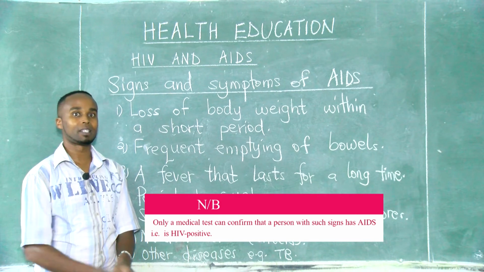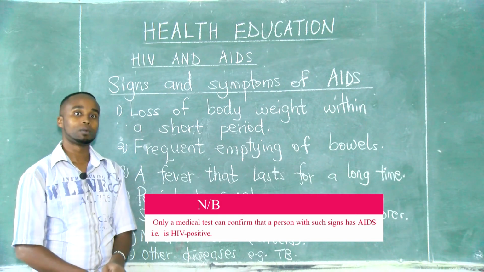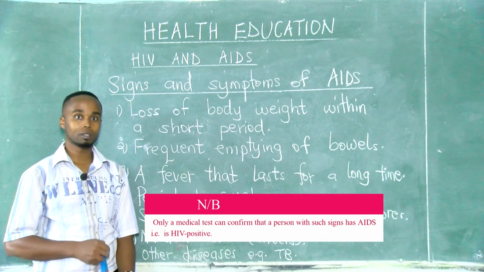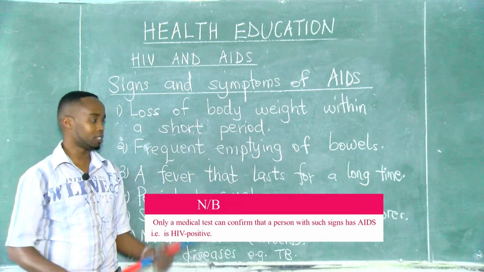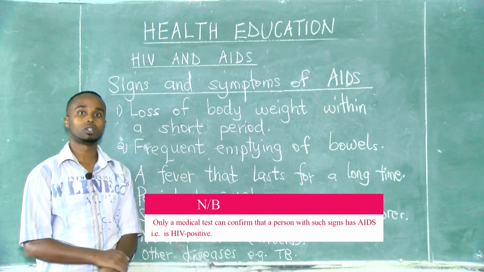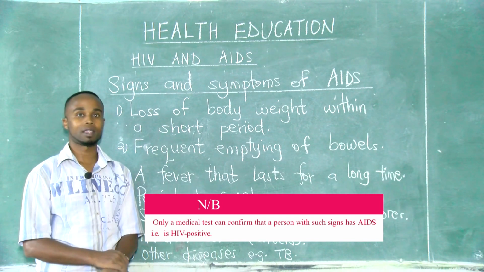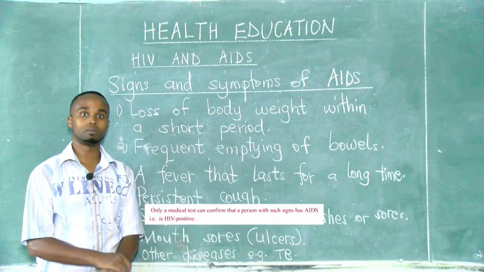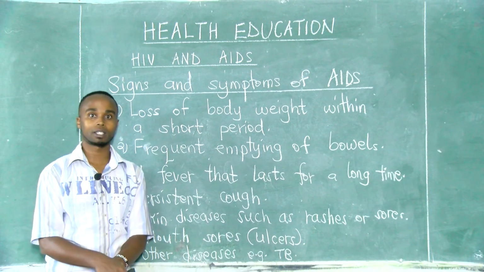So these are just but signs and symptoms. We develop them, but it does not mean that we have AIDS. But once a person develops this, if they have never gone for a test, they're supposed to go, yes, to confirm whether they are positive or negative. So it is very good to be very keen on that.